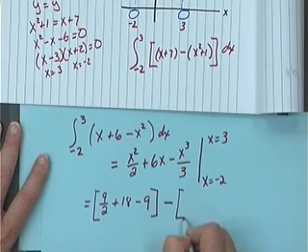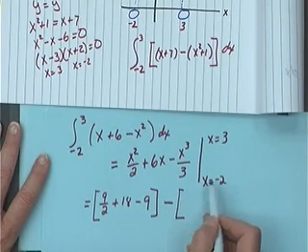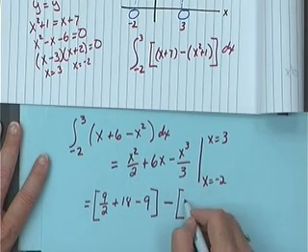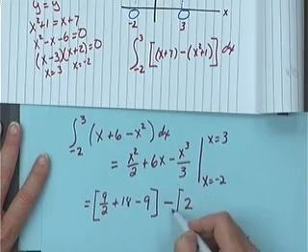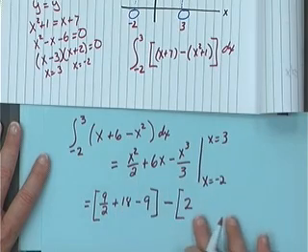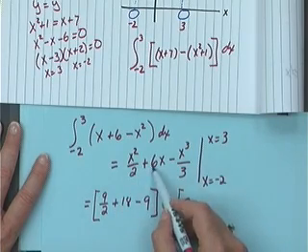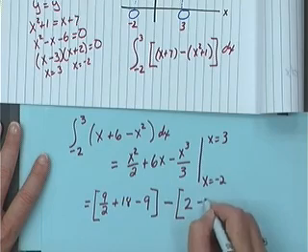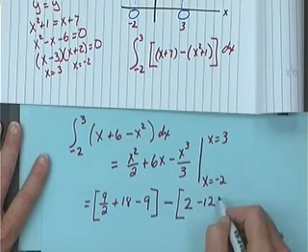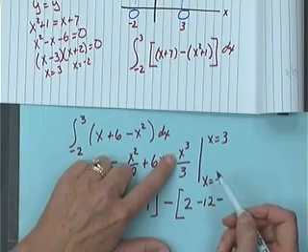Minus. Now we're going to put in negative 2. Negative 2 squared is positive 4. 4 divided by 2 is 2. Be careful with putting your brackets in because it's the upper value minus the whole thing with the lower value. Okay, 6 times negative 2 is negative 12. And then we got minus.